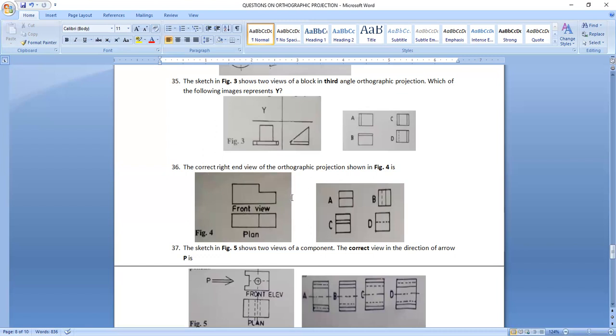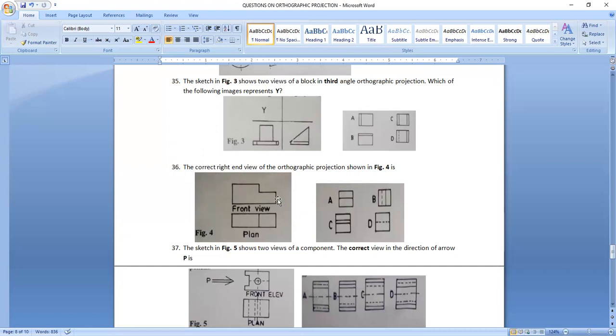So right end view means we are looking at the object in this direction. Very important: the object is being viewed in this direction, and the right end view will be drawn on the left side, around here.